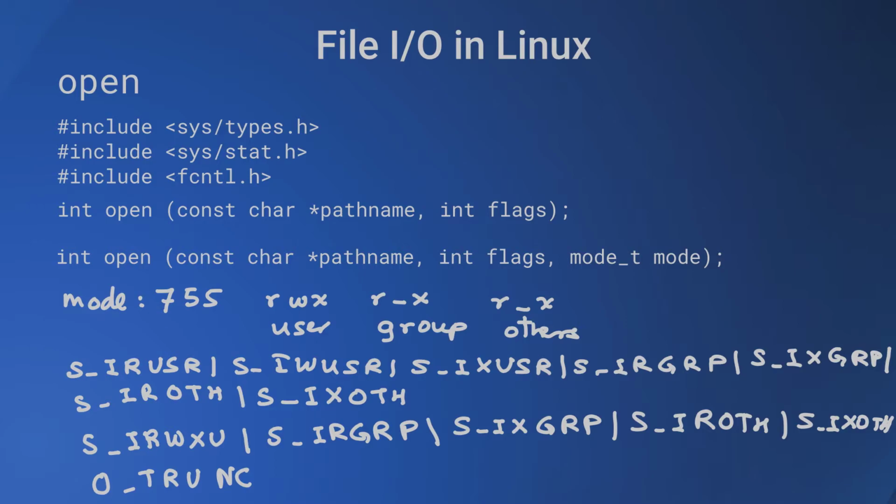The last three characters, USR is for user, GRP is for group, and OTH is for others, and RWX are for read, write, and execute.